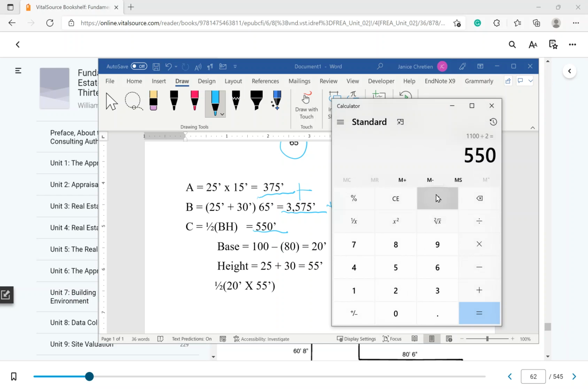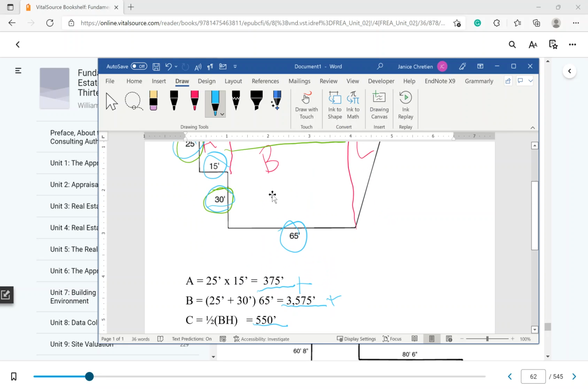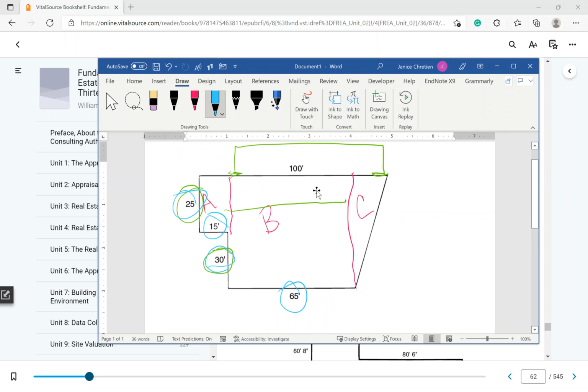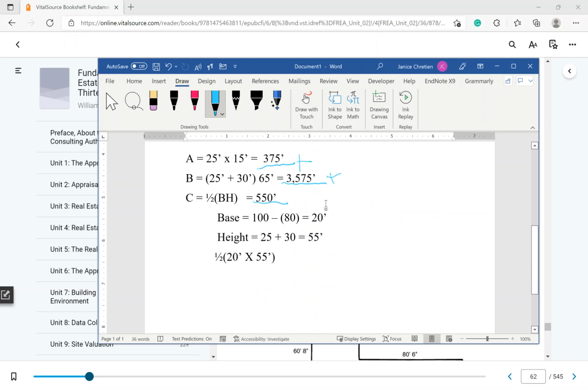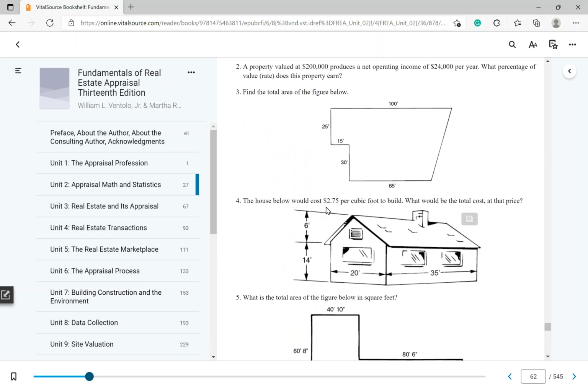So I've got 375 plus 3575 plus 550. So my total area is 4,500 square feet. And that would be the answer to number 3. That is 4,500 square feet.